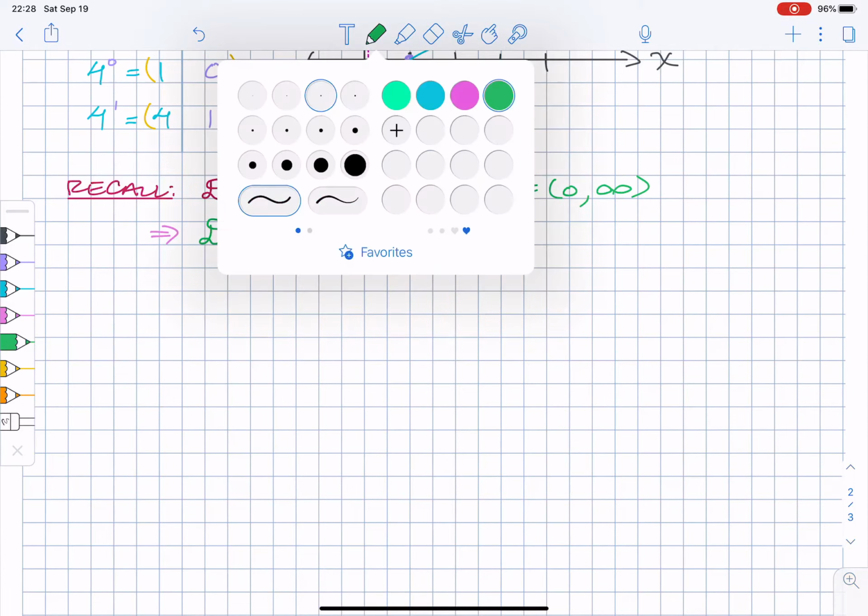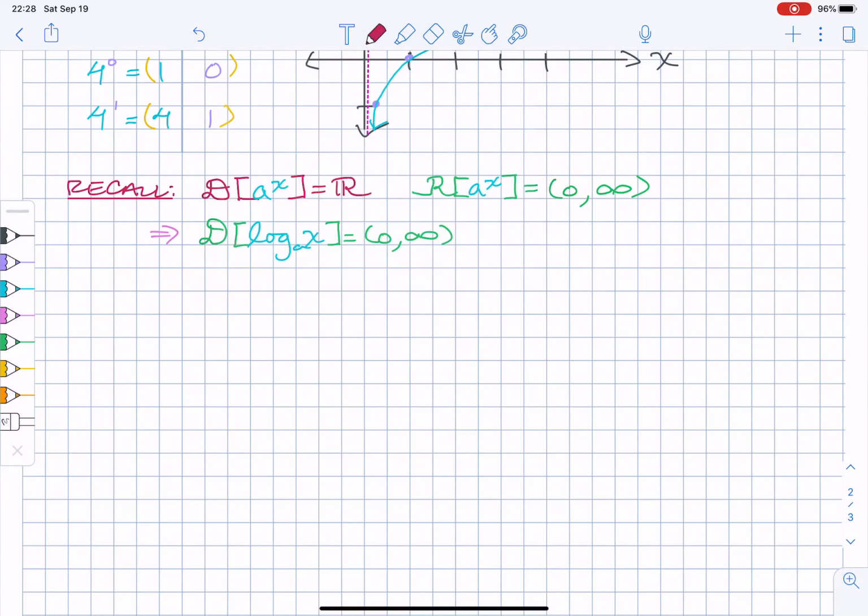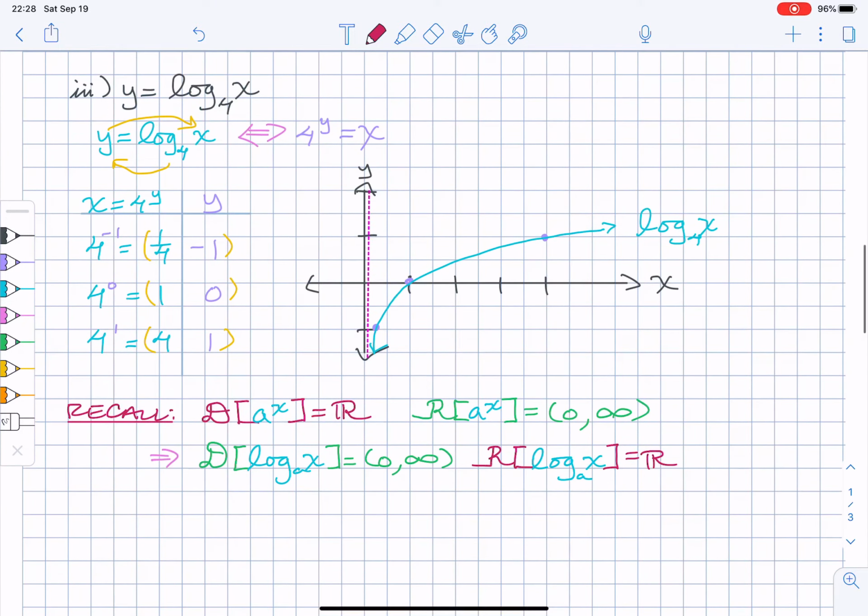And similarly, the range of log base A of x will be what the domain was, so it's just going to be all real numbers. And is that true? My y values go up and down, all real numbers, but my x values are strictly larger than 0. So yes, it is true that the domain and range have swapped.